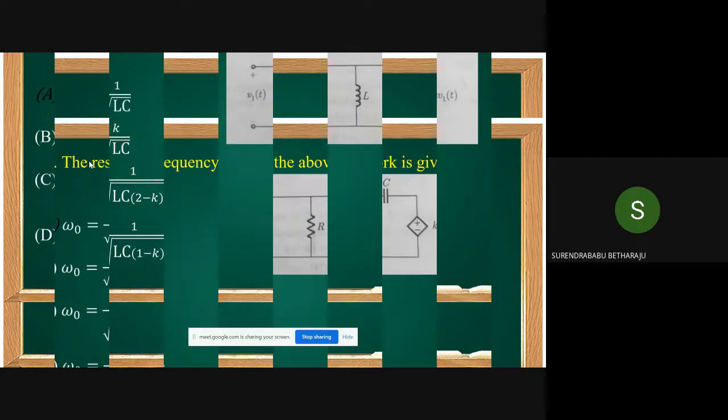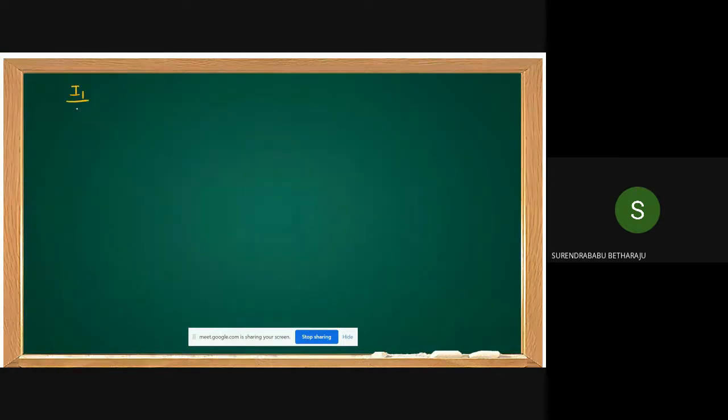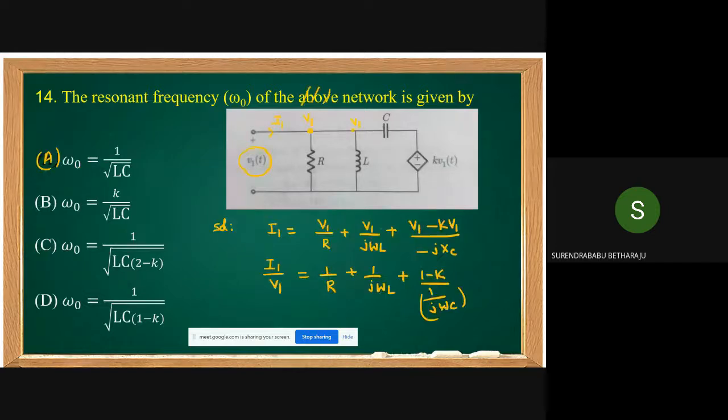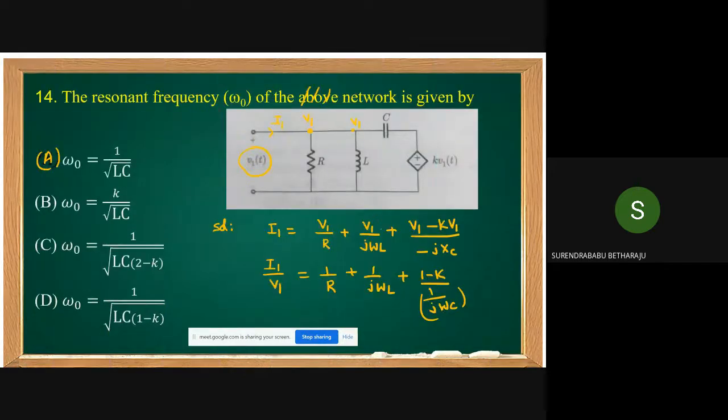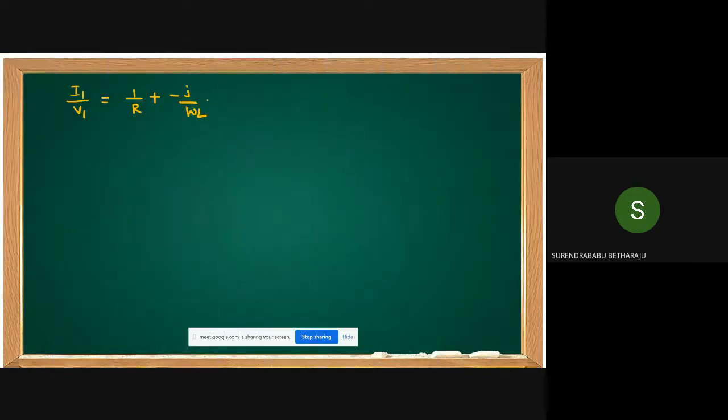Then shall I write like this? Therefore, I1 by V1 equal to 1 by R plus, bringing this J into the numerator, minus J by omega L. Next, this 1 by J omega C goes to the numerator: plus J omega C into (1 minus K).